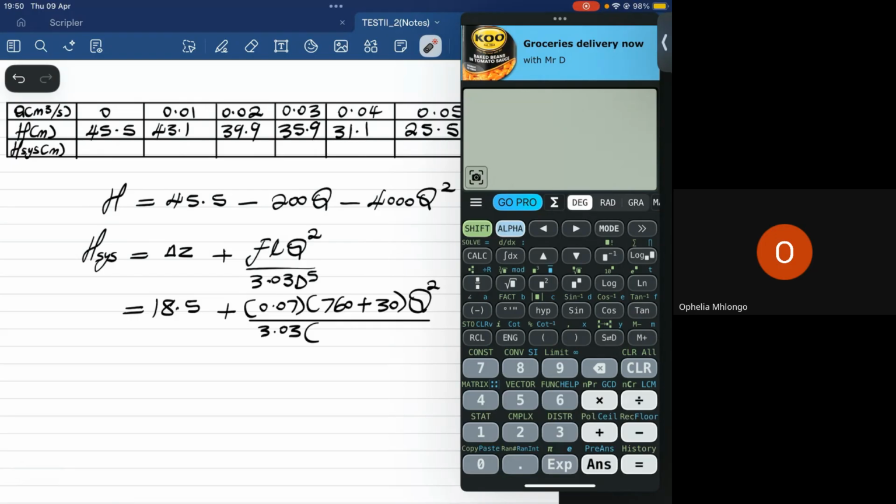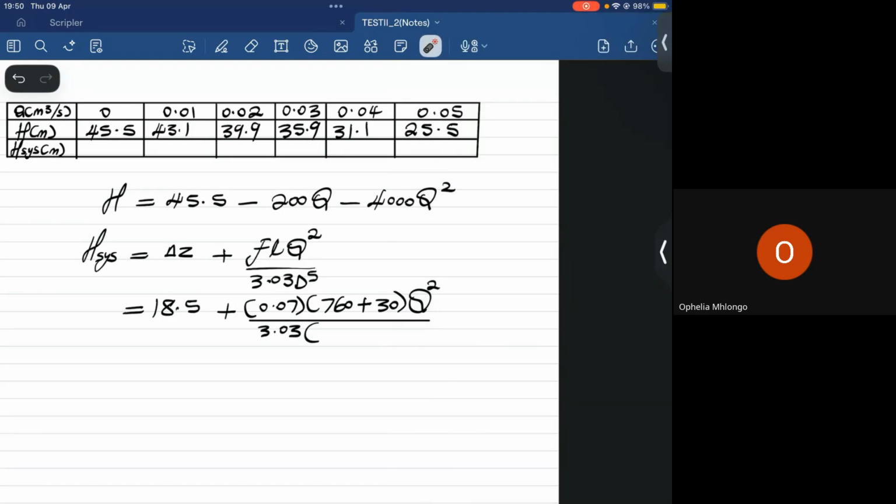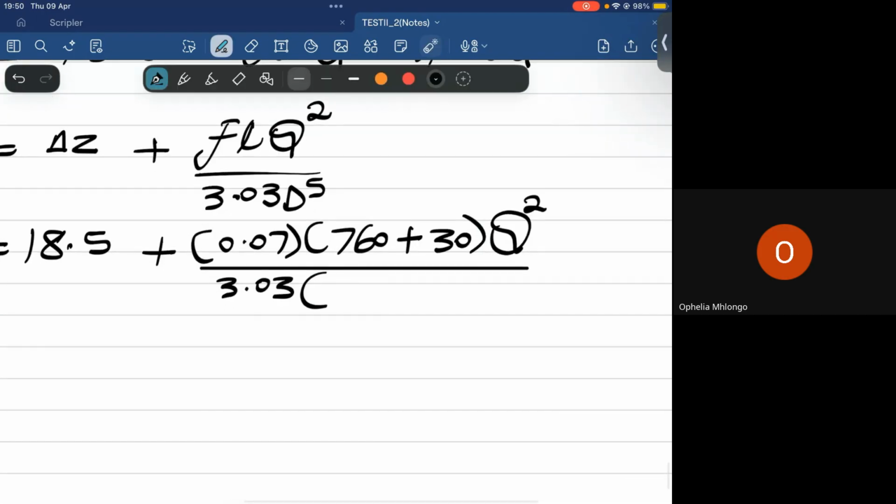Simply, we're going to take 325 and multiply it by 10 exponent negative 3, or alternatively, you can divide 325 by 1000, and you will be able to get 0.325 meters. All right, and then all exponent 5.